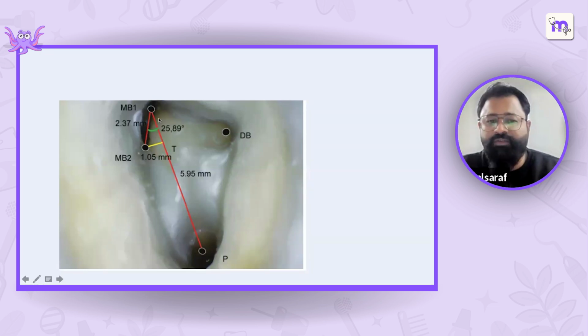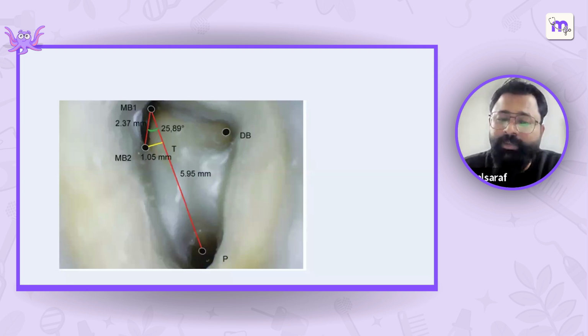You can have such a fantastic image, or it is very difficult to locate MB2. Under magnification, they have said that in almost 92 to 95% of cases you have MB2. So almost all maxillary first molars will have MB2, but under magnification alone.